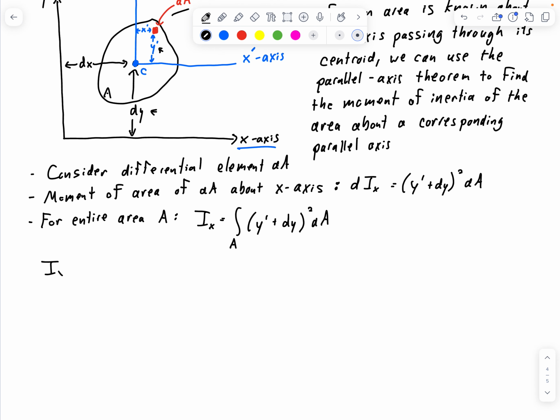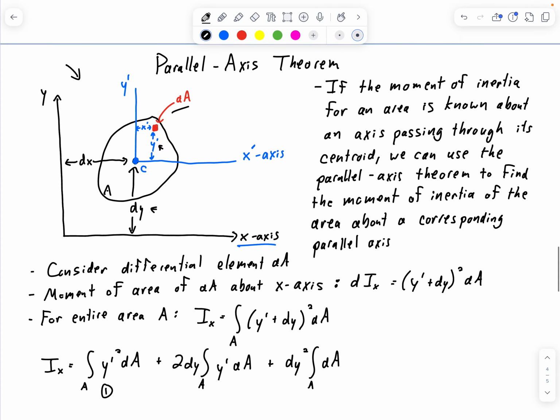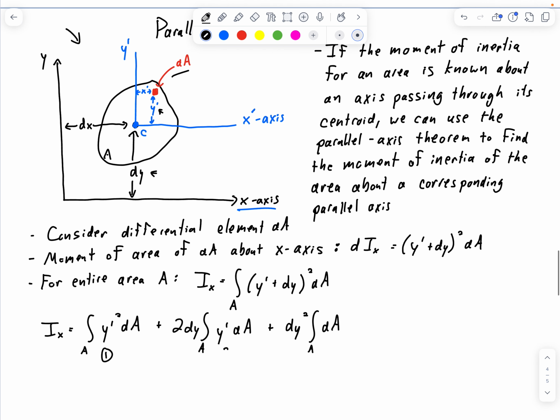So I'll rewrite this as I sub x equals the integral over the area of y prime squared dA, plus 2 dy times the integral over the area of y prime dA, plus dy squared times the integral over the area of dA. We've expanded y prime plus dy multiplied by itself, and we end up with these three terms. I'm going to call this term 1, this term 2, and this term 3, and we're going to look at each of them in turn.